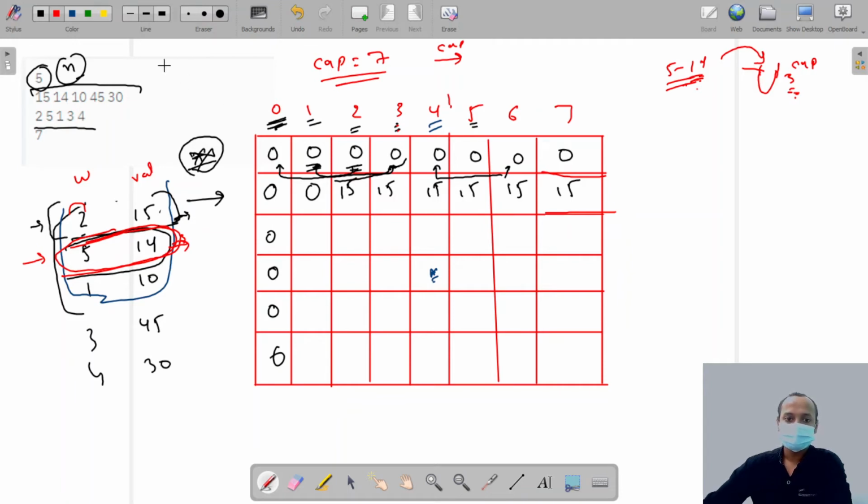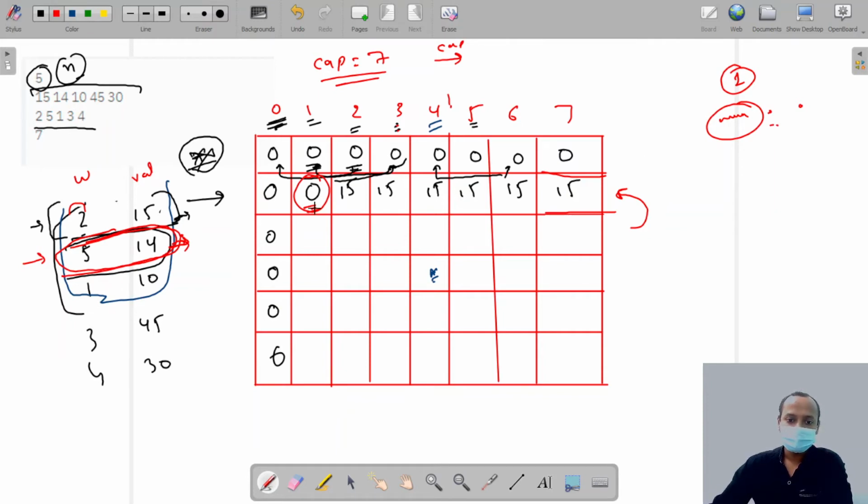So where do we get the value? If we don't take this item, we see in the previous row the maximum value for that capacity. If the capacity of the bag is 1, the maximum value we get is 0.